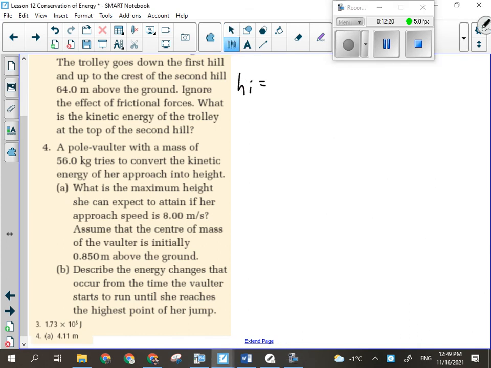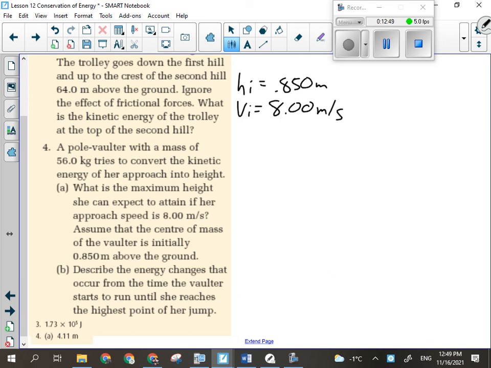Initially, because we're dealing with the vaulter's center of mass, which is usually just kind of below your chest, that is 0.850 meters above the ground. So we have to go with that as our initial height, and we know that they are approaching with a speed of 8 meters per second, so that's our initial speed, right?